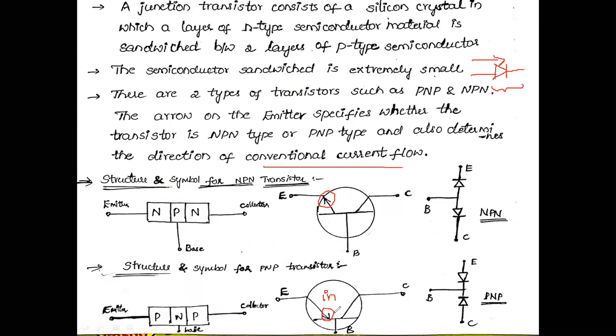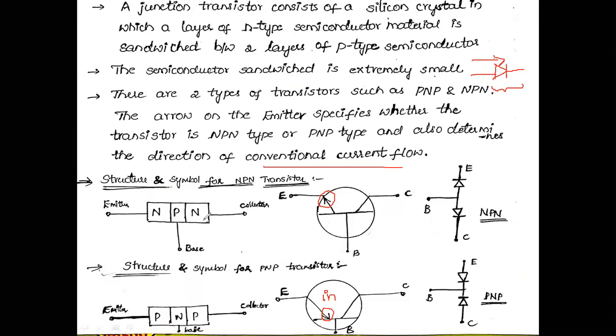Don't worry. For our convenience, for the time being, just remember that if the emitter arrowhead points into the transistor, it is PNP type. If the arrowhead points outwards, we can treat the transistor as NPN type of transistor.